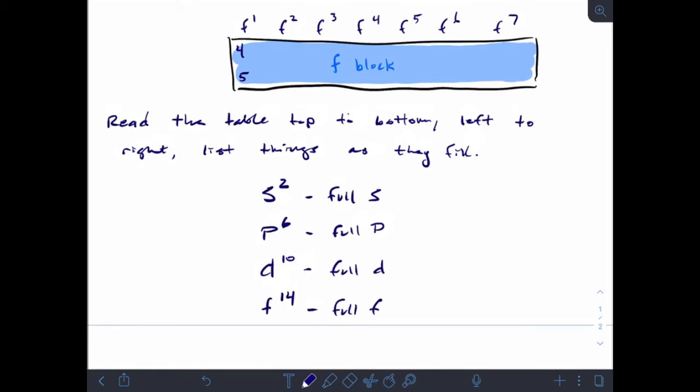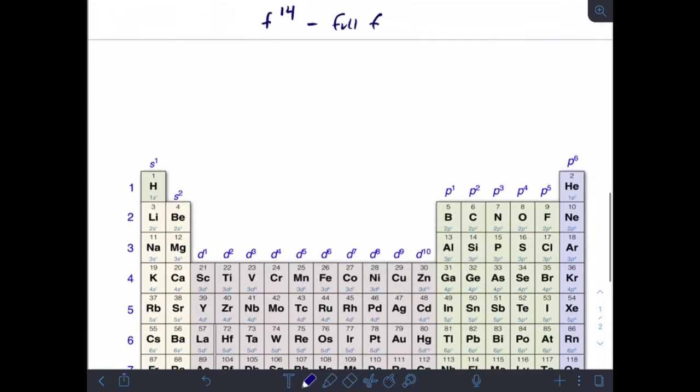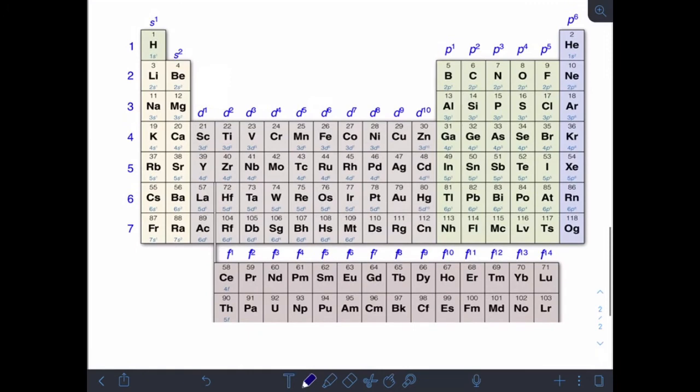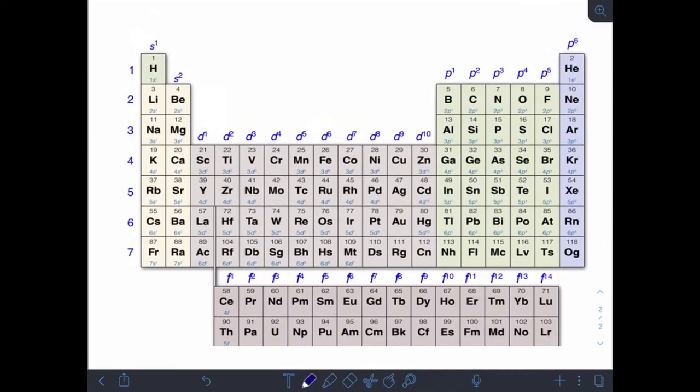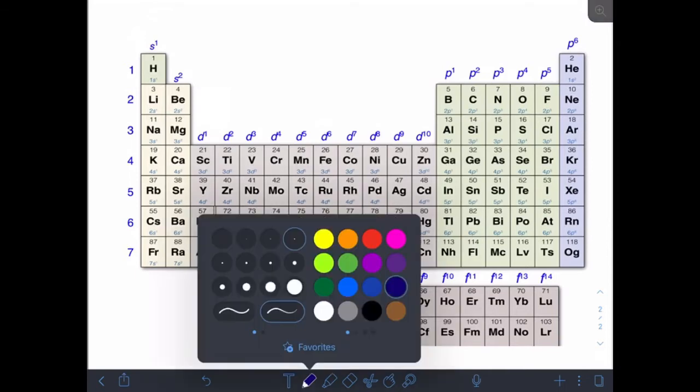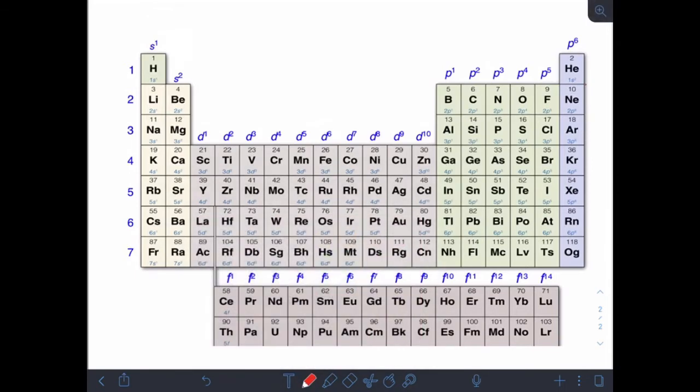Okay, so let's take a look at a slightly more detailed periodic table. Better than my drawing. And I'm going to circle or highlight helium up here in red because it really should be 1s2, instead of in the P block. So electron configurations are very much like street addresses.